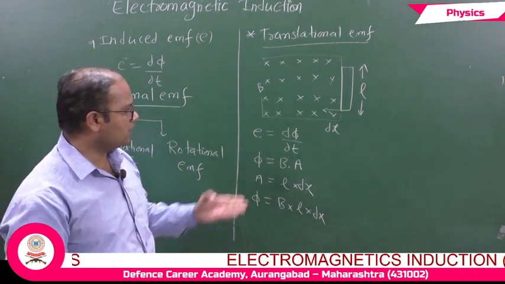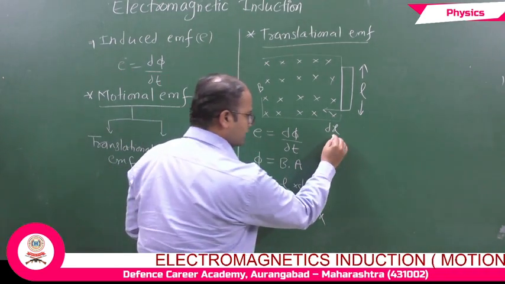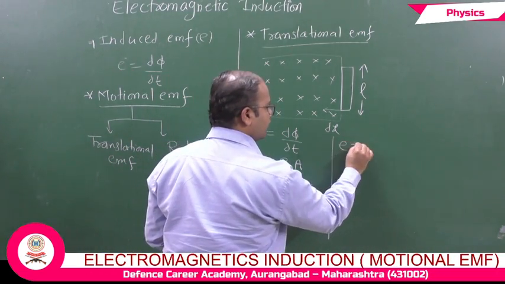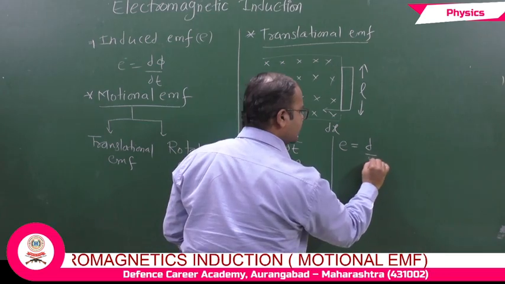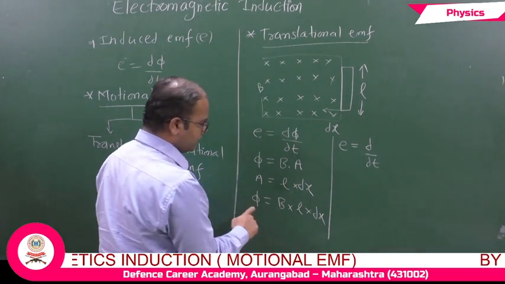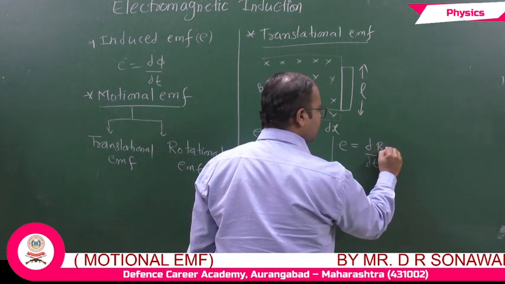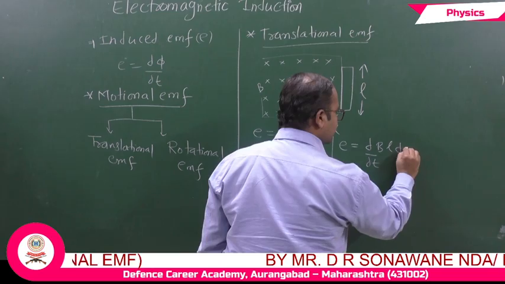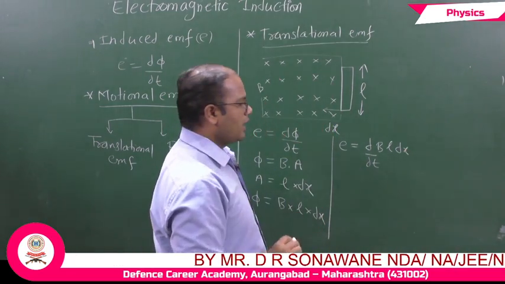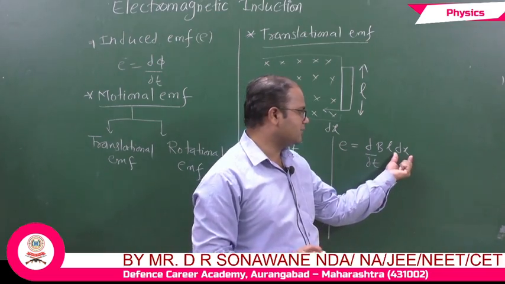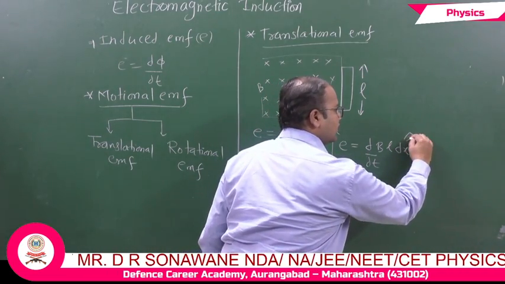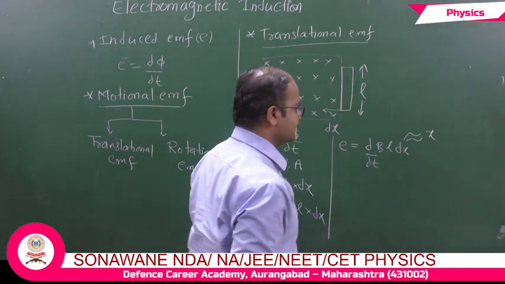So according to Faraday's law, E equals d by dt of flux, and if we take flux as B into L into dx, so B L into dx. As we know that dx is nothing but the small displacement, again we can consider it as x.